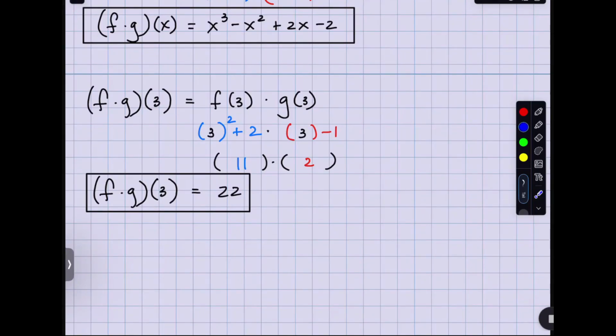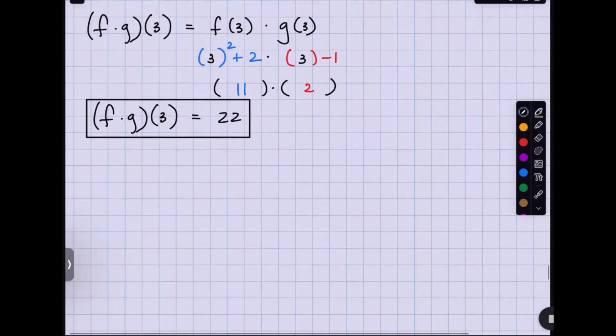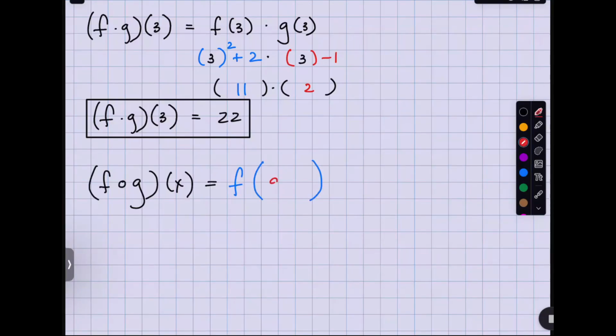Now let's talk about composite. So this means f of g of x. Do I know what g of x is?